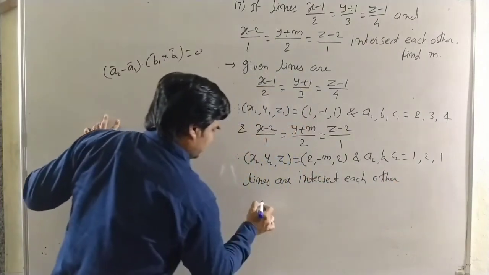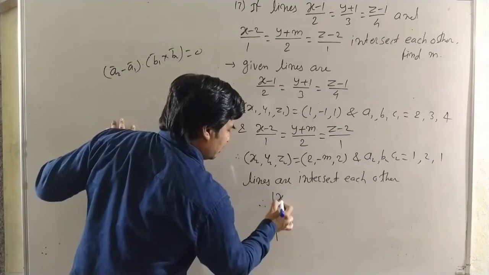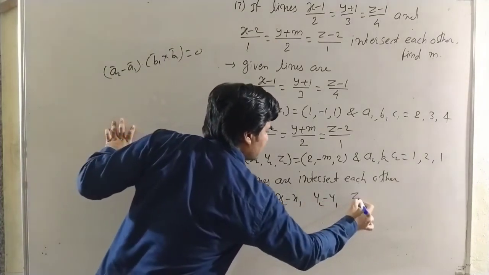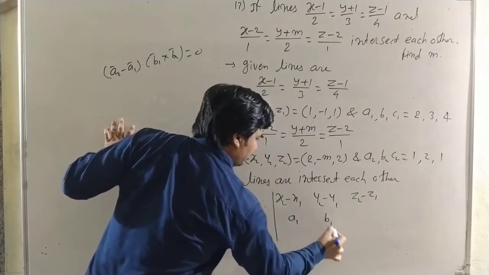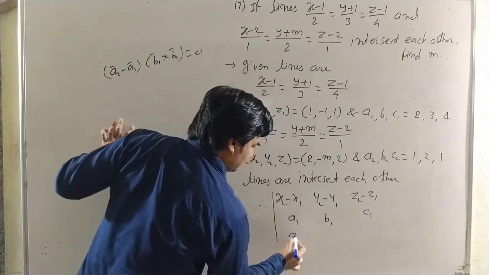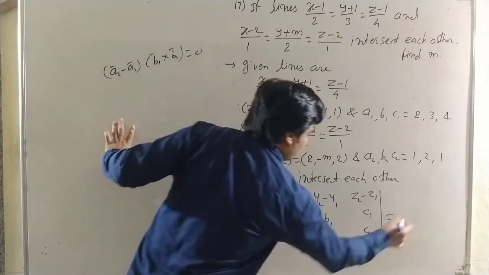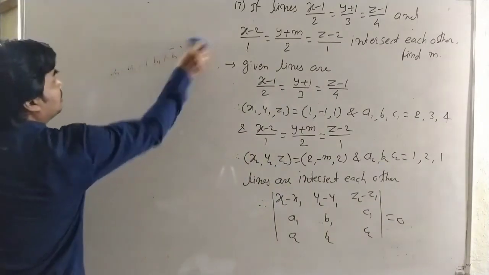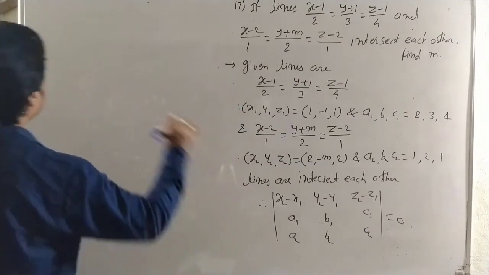Therefore, we can directly write the determinant: x2 minus x1, y2 minus y1, z2 minus z1; a1, b1, c1; a2, b2 and c2 is equal to 0. Now put in all the values of x1, y1, z1 and x2, y2, z2, a1, b1, c1, a2, b2, c2.